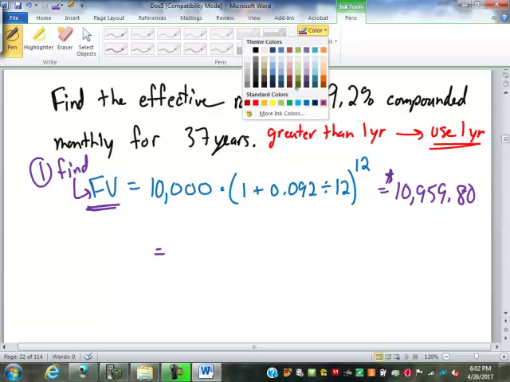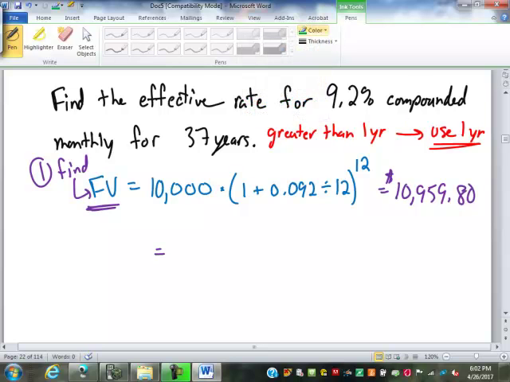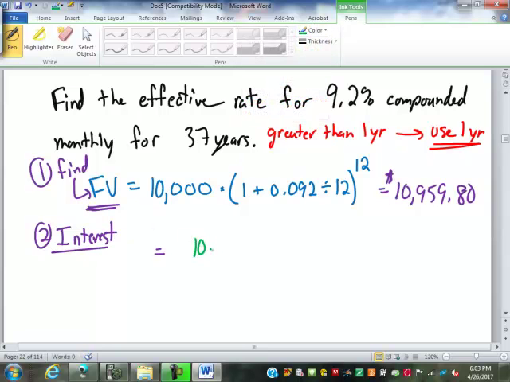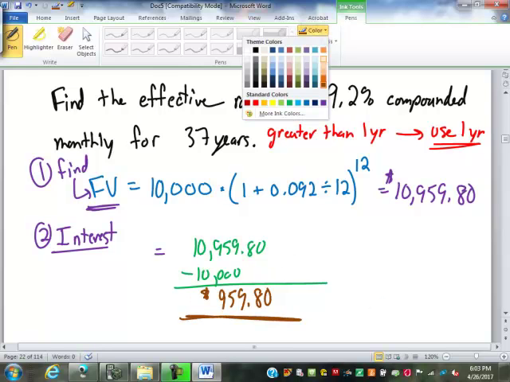What do we want off of that? For the effective rate, we want the interest, which is going to be 10,959.80 minus the 10,000. So interest of 959.80.